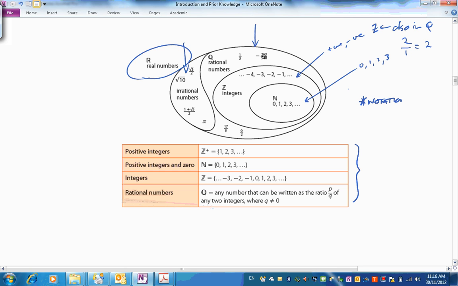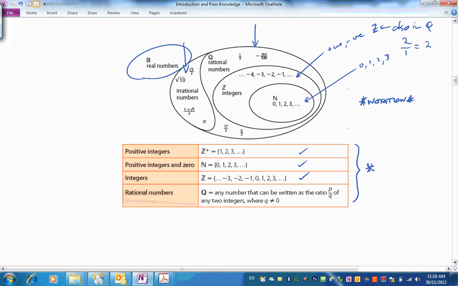The organisation likes to see mathematics represented well with its own language, so it's very important to know these symbols. Here's the summary in the table from Pearson's: the set of positive integers up here, Z plus, natural numbers here, N, including 0, and the whole set of integers there.